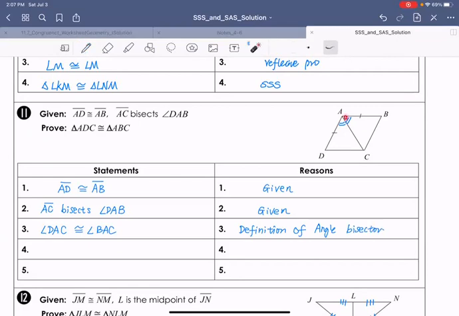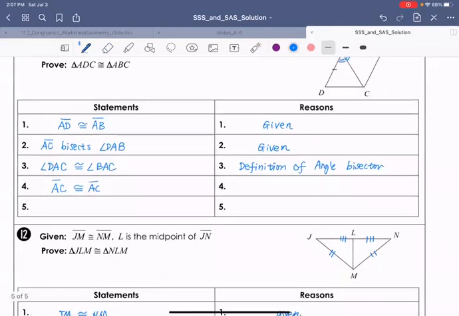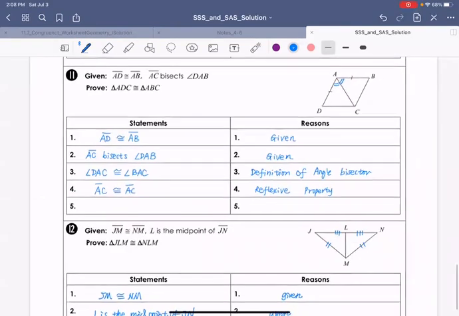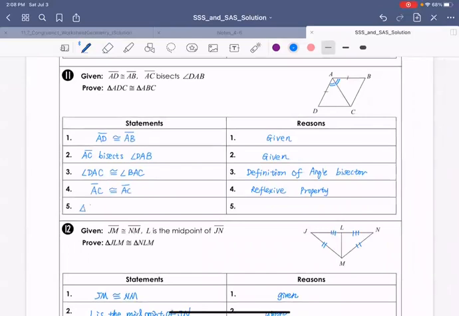Line AC is congruent to line AC, reflexive property. Next. Triangle ADC is congruent to triangle ABC, side angle side.